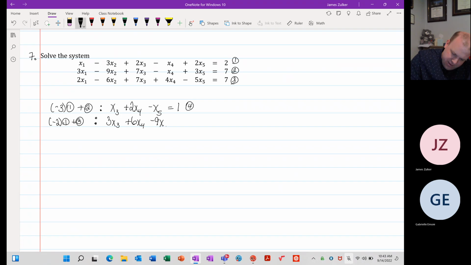Minus 9x5 is equal to negative 4 plus 7 is 3. Did I screw up the previous one? I did. Negative 6 plus 3 is positive 3. Yeah, that should have been a plus 3x5.